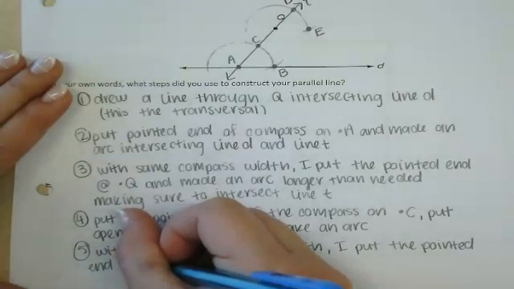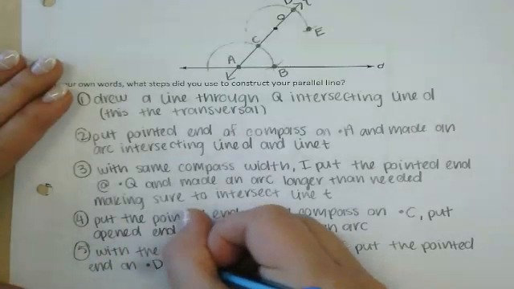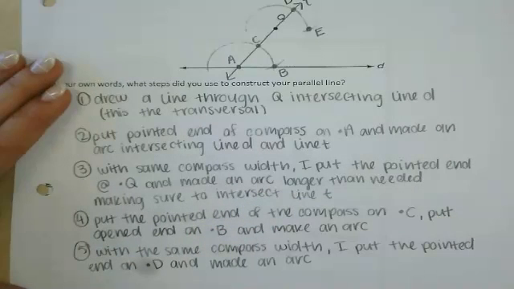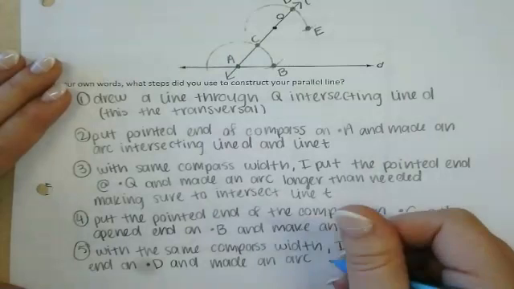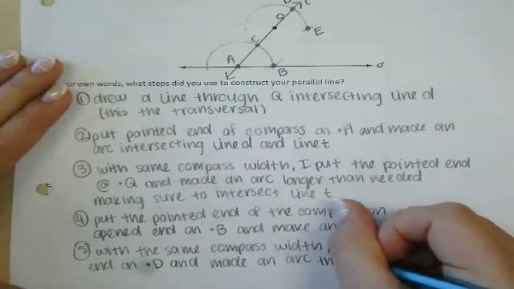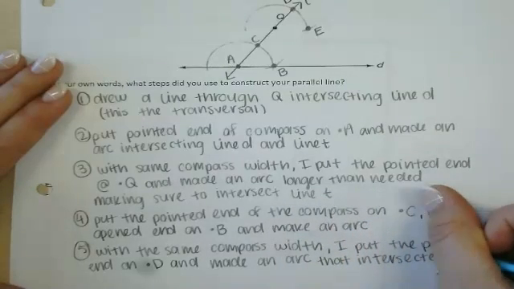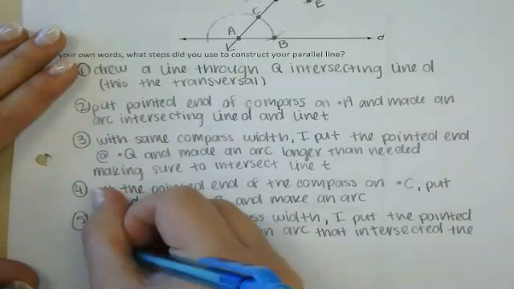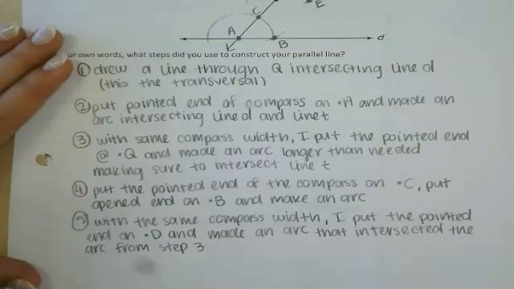Pointed end on point D and made an arc that intersected the arc from step 3, and labeled that intersection point E.